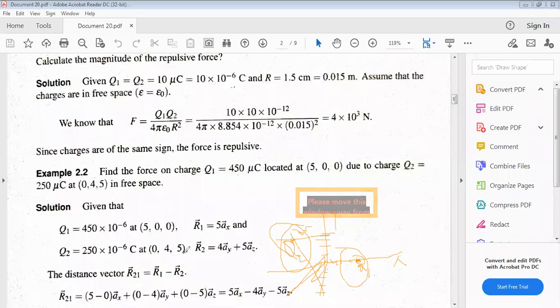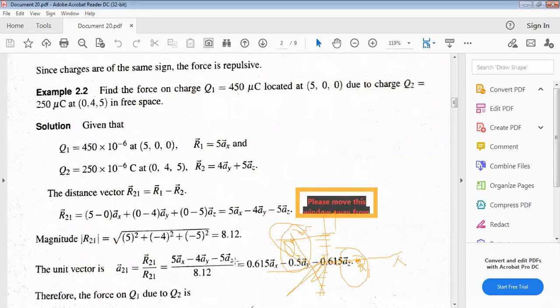R2 is 4ay and 5az, right? Now tell me, what is the distance vector from R1 to R2? R1 minus R2, right?